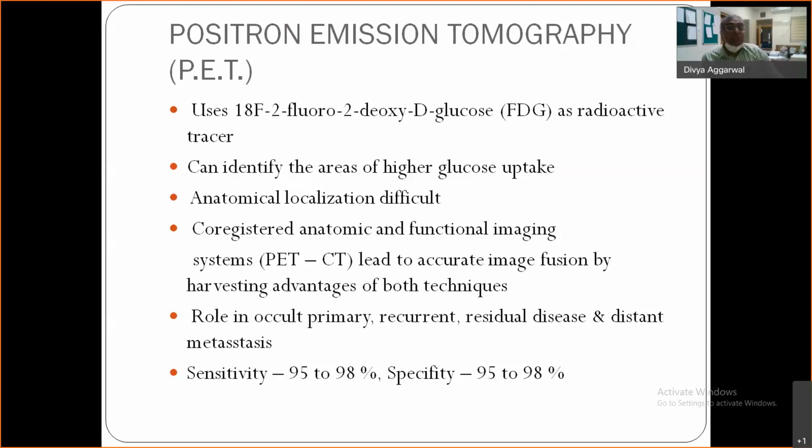It has got a role in the occult primary. Occult primary is where you cannot identify the primary, still there is a nodal metastasis. It has got a role in the recurrent disease, residual disease, and in distant metastasis. It has got a very high sensitivity and specificity, so it is an important tool for your study of nodal metastasis.